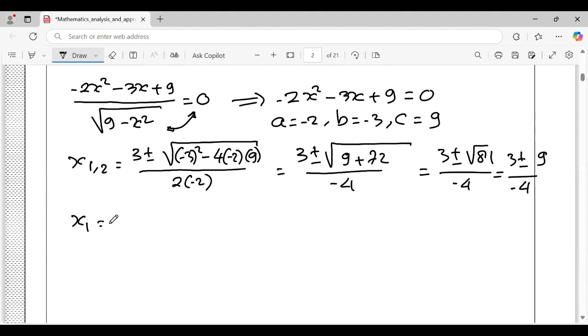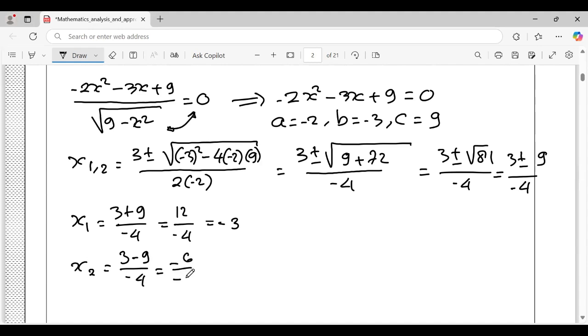So x1 is 3 plus 9 divided by minus 4, and this is 12 over minus 4, and it is minus 3. And x2 is 3 minus 9 over minus 4, which is minus 6 over minus 4, 3 half.